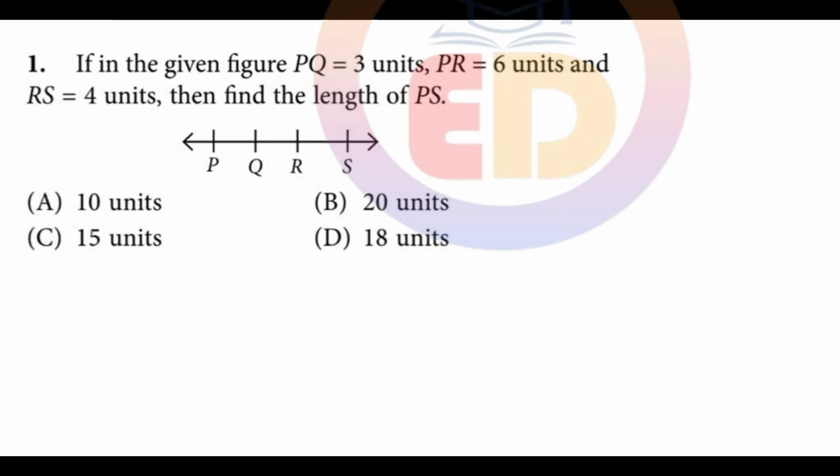In this question, in the given figure, PQ is 3 units and PR is 6 units, RS is 4 units. Then find the length of PS. PS is this complete length. Now we can say that PS is equal to PR plus RS.